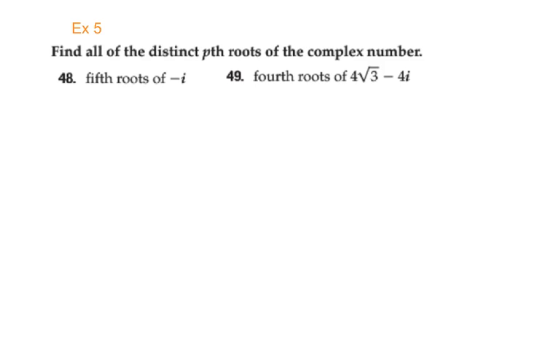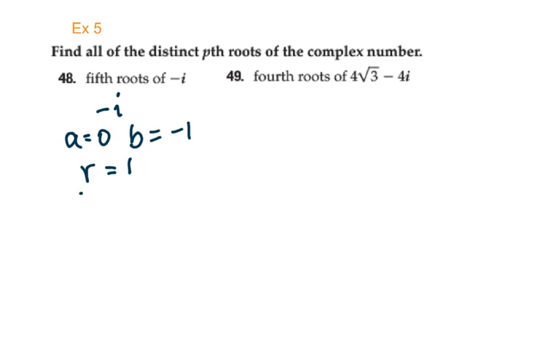For example 5, find all the distinct fifth roots of the complex number negative i. First of all, for negative i, you have to change into polar form. So we know that a equals 0, b equals negative 1. r definitely equals 1.